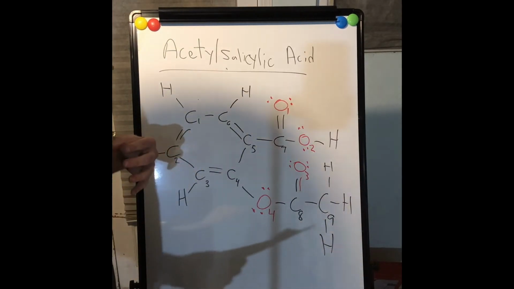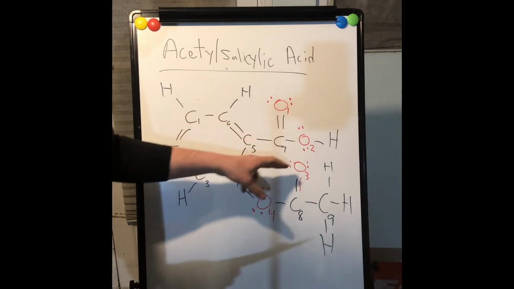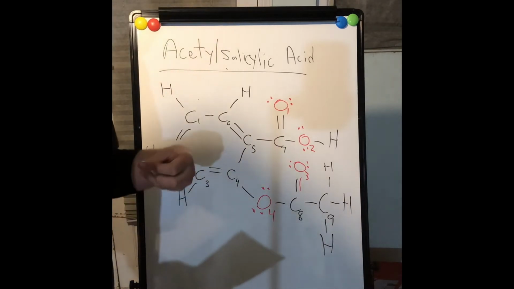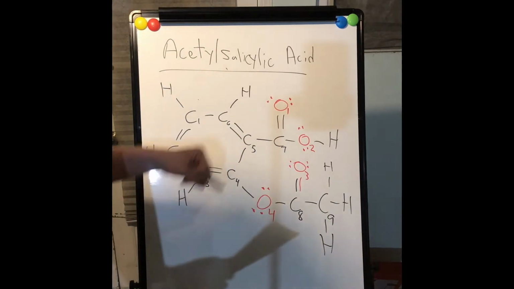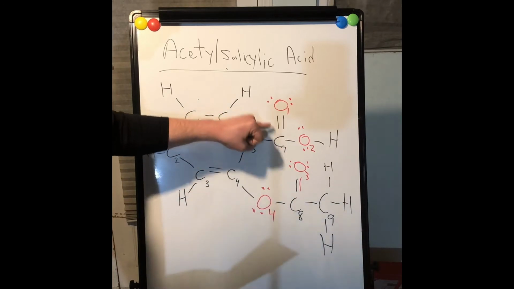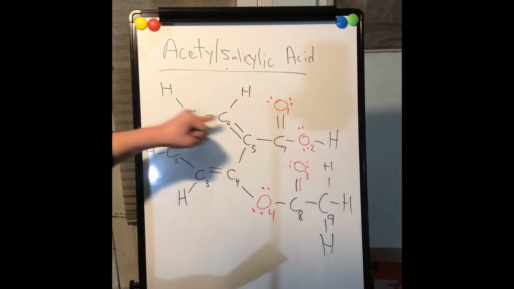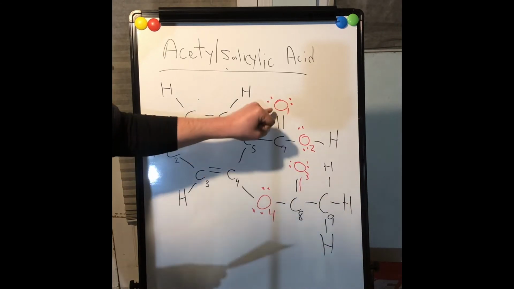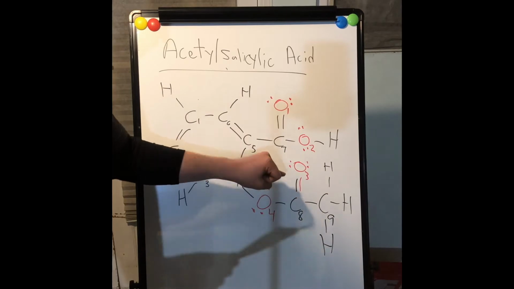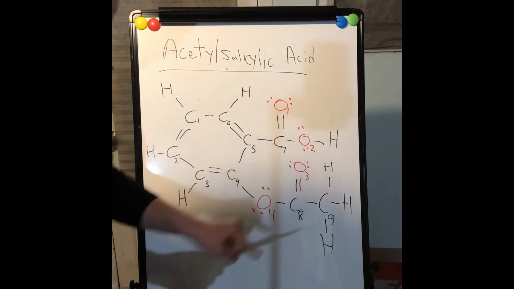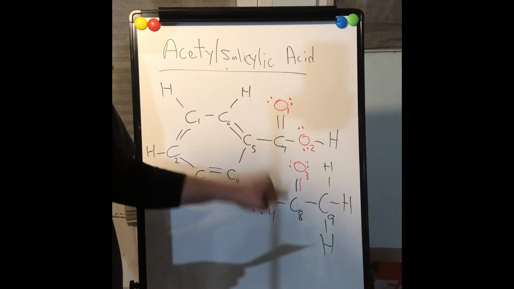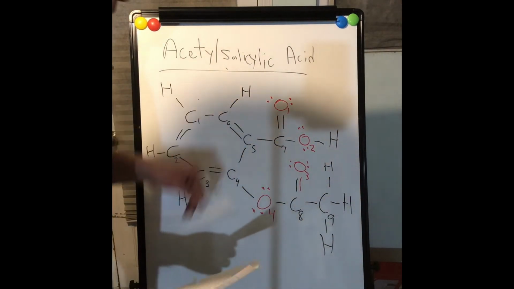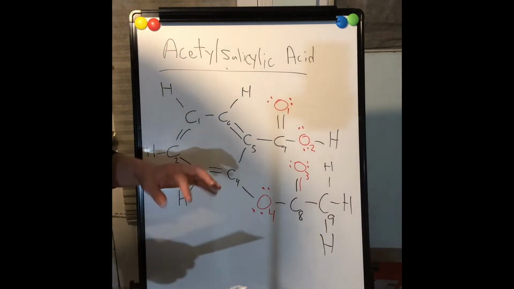Now we want to know which of these oxygens have delocalized electrons. The way I see it, we have 2 pi bonds that are outside the main chain right here. So these ones, O1 and O3, are going to be where we have the delocalized electrons, because we have delocalized pi bonds. So acetylsalicylic acid is a little bit soluble in water.